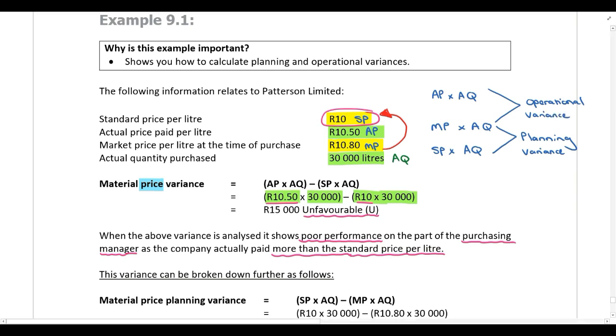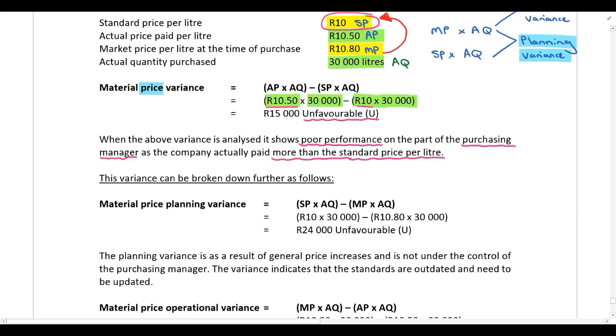So let's first calculate the planning variance. The quantity stays exactly the same. We are comparing the market price to the standard price. So the quantity is 30,000 litres. The standard price is 10 Rand per litre, and the current market price is 10 Rand 80 per litre.